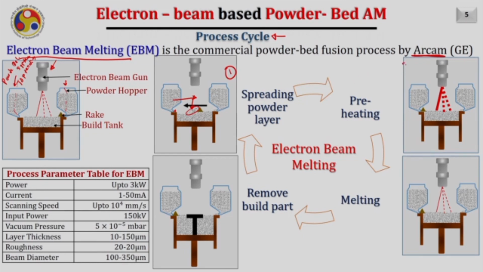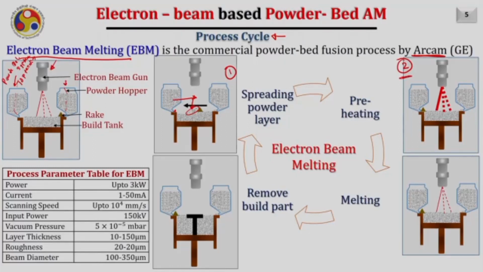So the next step is the preheating. We have a very important advantage with electron beam, that we can move it with a very high velocity. As a result, there is no separate mechanism required to preheat the powder bed or the entire chamber itself. Instead, the electron beam gun itself is used for that purpose.